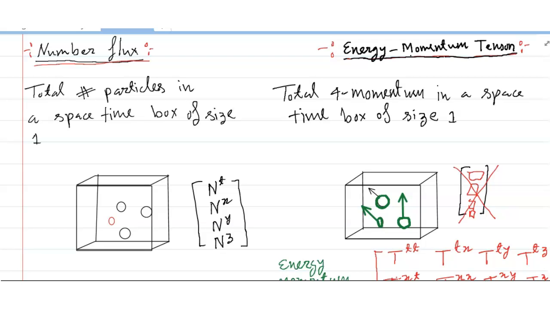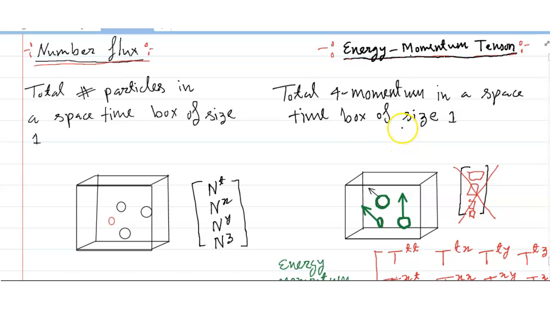Counting the total particles gives a single number inside a box of size 1. Because of this, the number flux 4 vector is enough to describe the flow of particles in all space-time directions. But what if we wanted to count the total 4 momentum, which is a vector quantity, inside a box of size 1? This is the box of size 1.